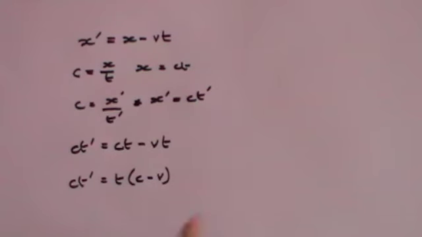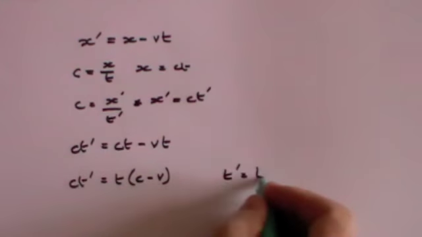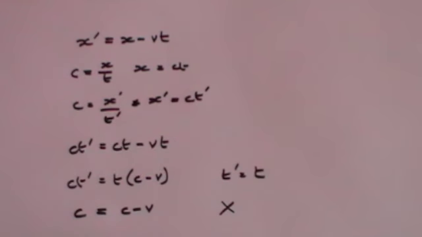Now, if t prime equals t, which is what we think is the case, the clocks remain synchronised, then we have that c is equal to c minus v. And that obviously cannot be true unless v is 0. But v is not 0 because you are moving relative to me. So we've arrived at a nonsense. Something has gone wrong somewhere.